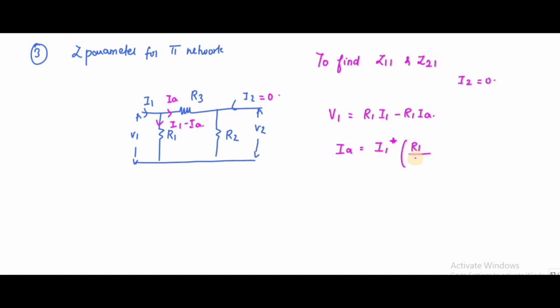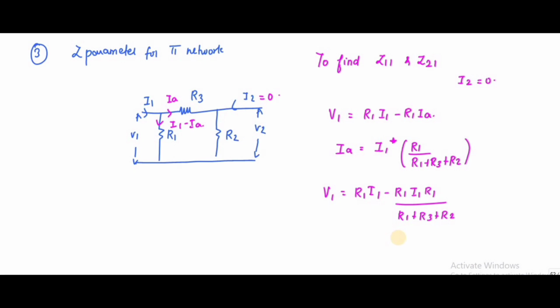So this is nothing but the current divider rule: R1 divided by R1 plus R2 plus R3. So we substitute the IA value in the above equation. You will get V1 is equal to R1 I1 minus R1 I1 into R1 divided by R1 plus R3 plus R2.